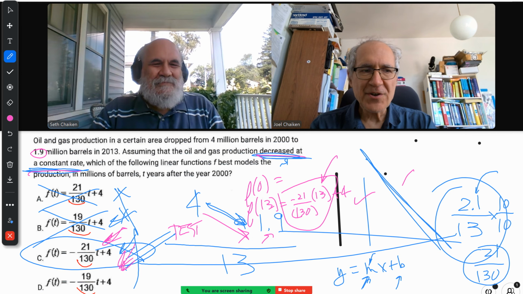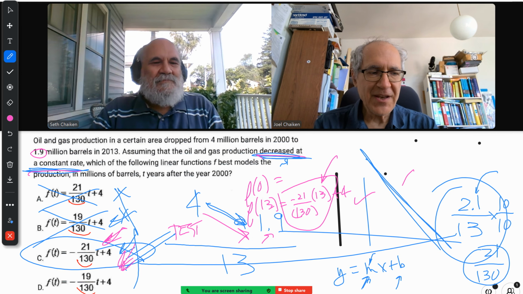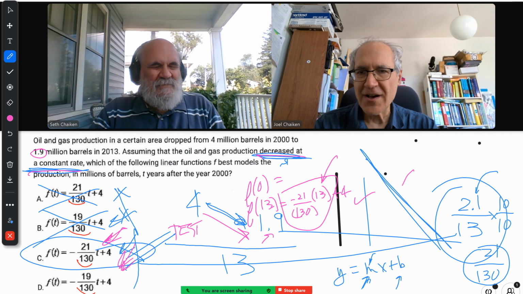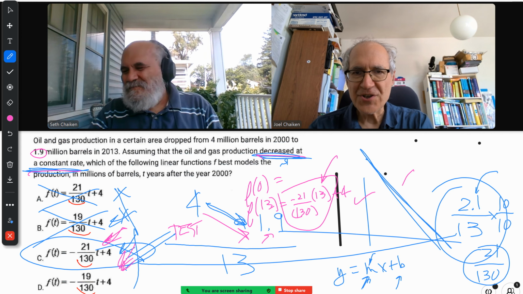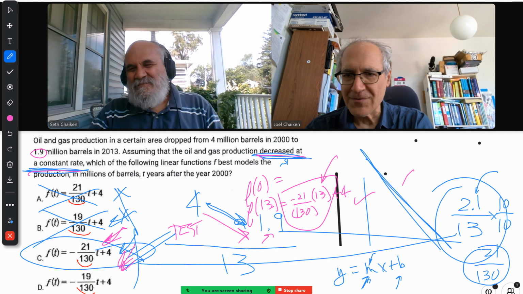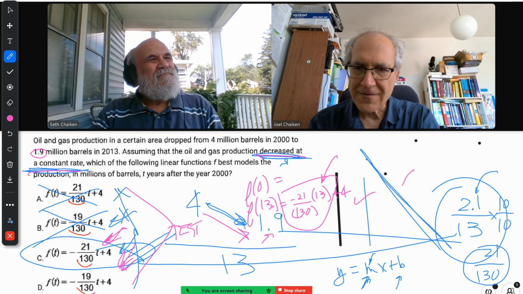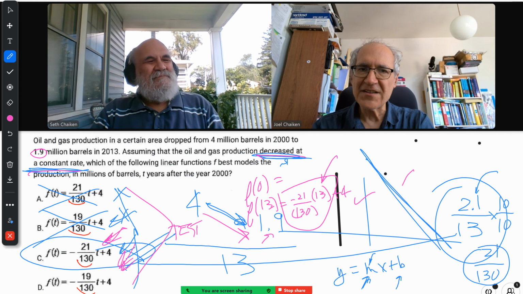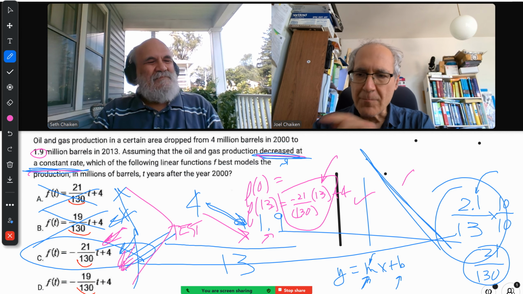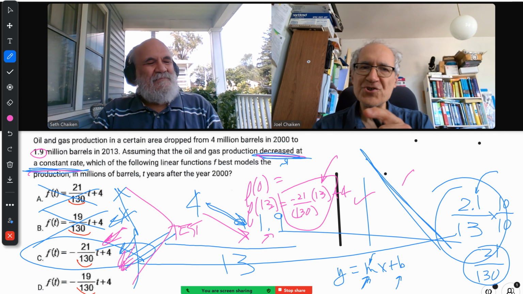Okay, now the most important question, the main idea. What did the committee who made this question want to see whether you know how to do? Certainly recognizing when a function is a linear function, but here it's almost a no-brainer because they only gave you linear function choices. And understanding how to get the slope and the y-intercept, combined with the understanding of the interpretation of the slope and the y-intercept.